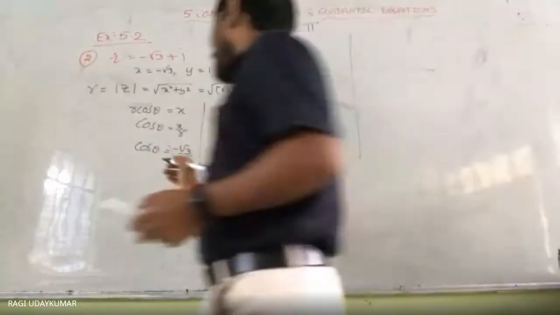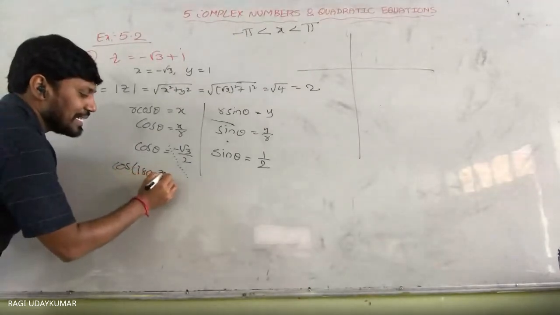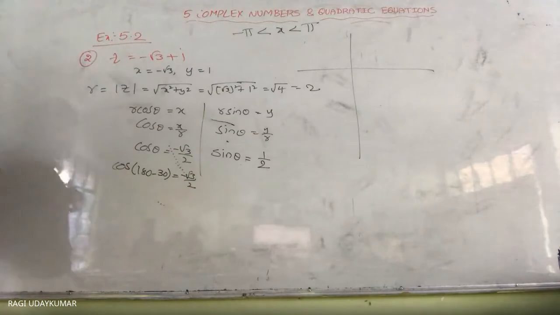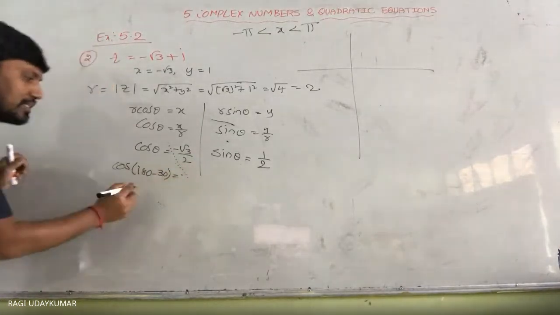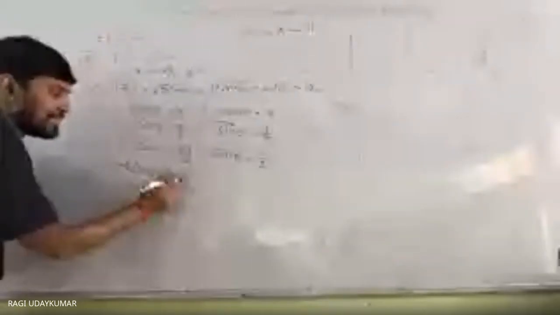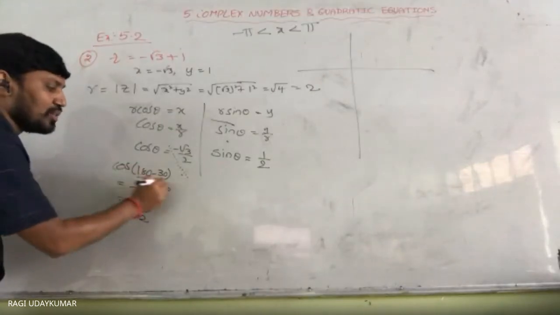So you can write that cos of 180 minus 30 degrees is equal to minus root 3 by 2. Cos 180 minus 30 is equal to minus cos 30 degrees, which is equal to minus root 3 by 2. So this is 150 degrees.